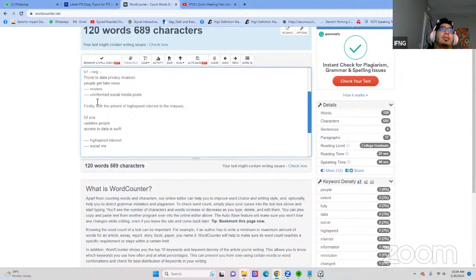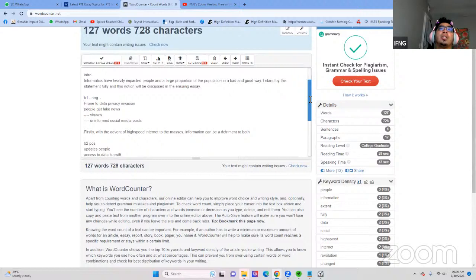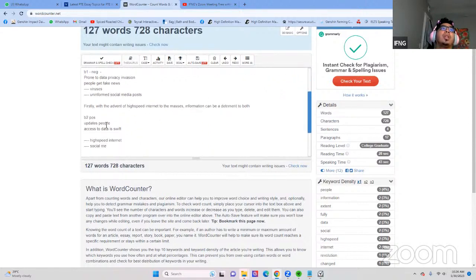masses, information can be a detriment to both. Overwhelming amount of information is a positive. Is that positive or negative? We've already discussed that. This one is a positive. This one is a negative.